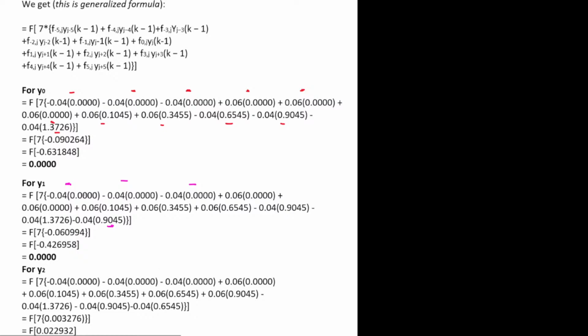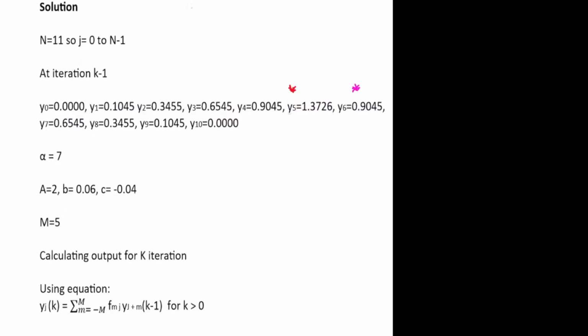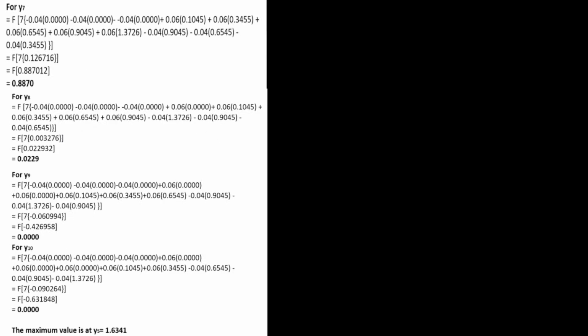So like that, you calculate for all of them. As you go further, if it's y1, it starts from -4 to +6, and if it's y2, then it starts from 2 minus 5, that is -3. So it's starting from -3 and goes up to the next number, which is y7. It's going to shift until the end, and you have to keep on calculating until the end.